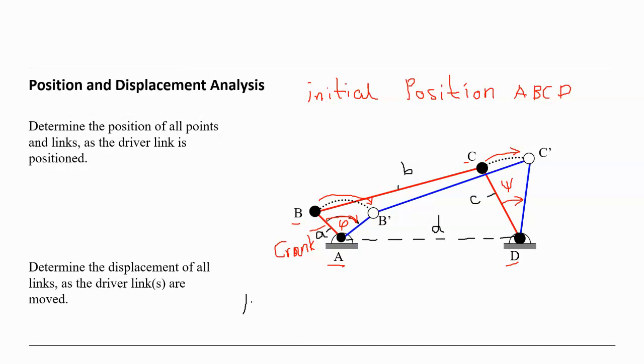So what are the known? Known are A, B, C, and D, and let's say also known is the phi, because if we apply the motion with a certain angle, it must also be known. And find what we are going to find.